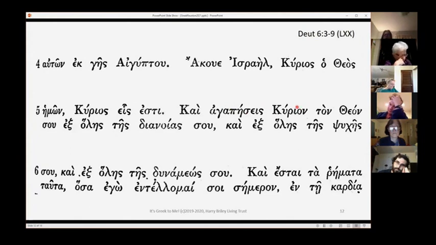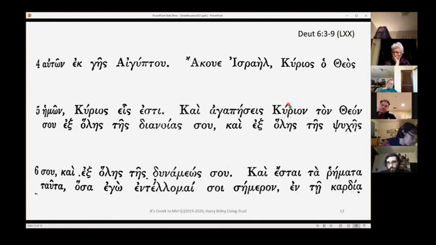Curios. Now, what's that letter there? Kurion. So Kurios, which is right up here, tells you it's the subject, the actor. But Kurion tells you it's the object, the one being acted on. It's accusative, it's who we are loving.